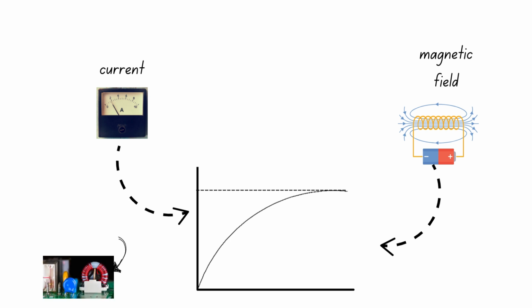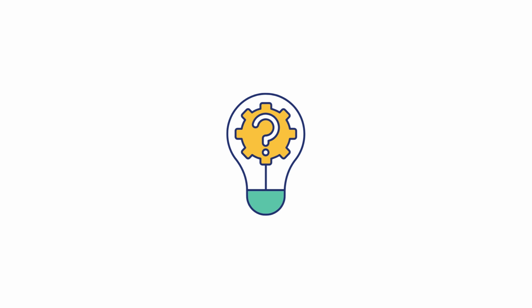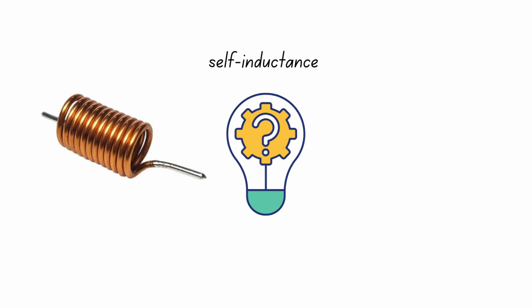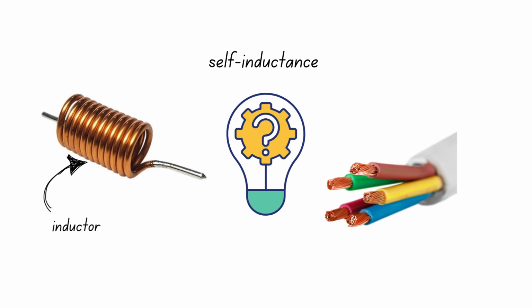The inductor is considered to be fully energized. This phenomenon is known as self-inductance, and due to this property, solenoids are often called inductors. In reality, all conductors exhibit some inductance, even straight wires, though it is to a lesser extent.